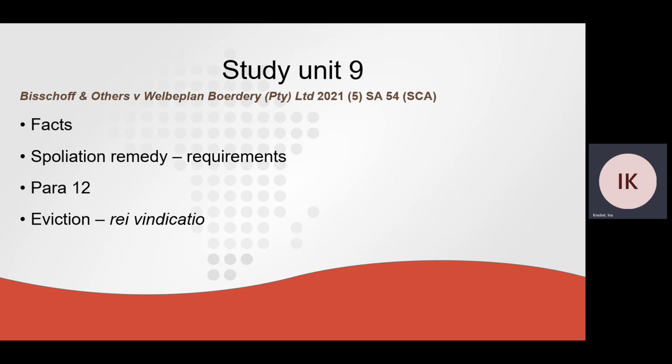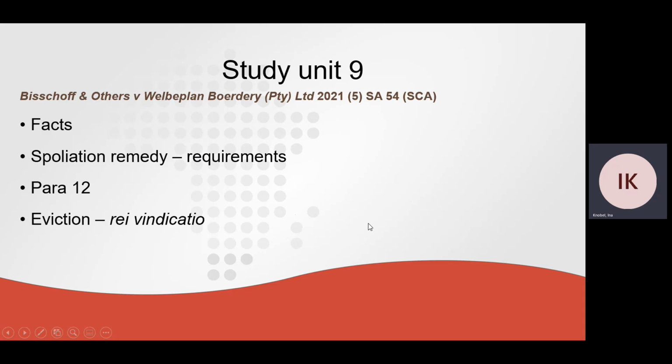And then I just wrote here eviction and reivindicatio, just to once again remind you that the basis of an eviction order is the reivindicatio, although, as you know, different pieces of legislation apply. For example, the Prevention of Illegal Eviction from and Unlawful Occupation of Land Act, and then also the ESTA Act, and also the Labour Tenants Act.